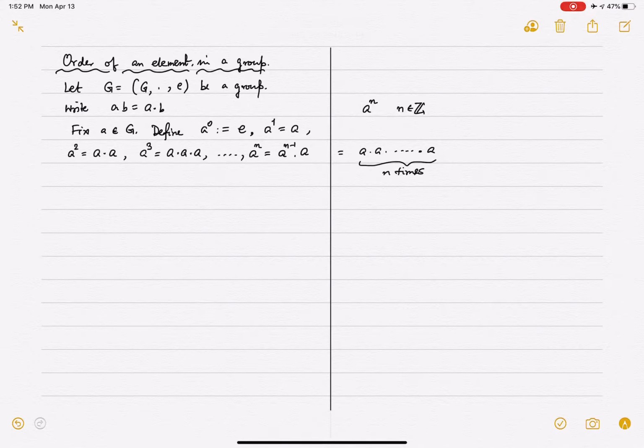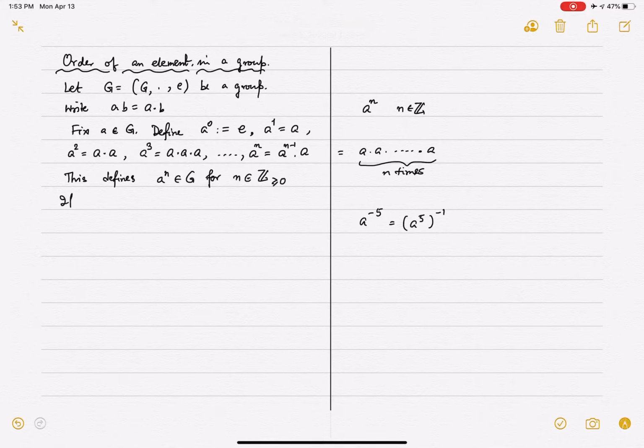That defines a to the n for positive n, so this defines a to the n for non-negative n. These are all elements of the group. And for negative n, like a to the minus 5, you define it as the inverse of a to the 5, which you know exists in a group.